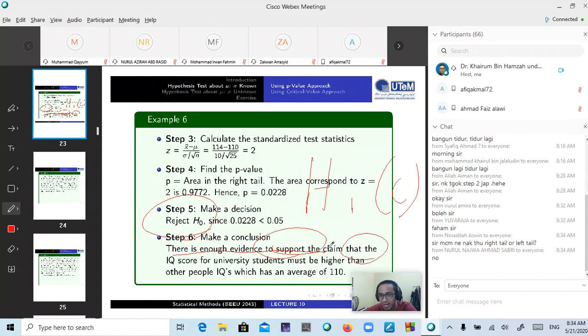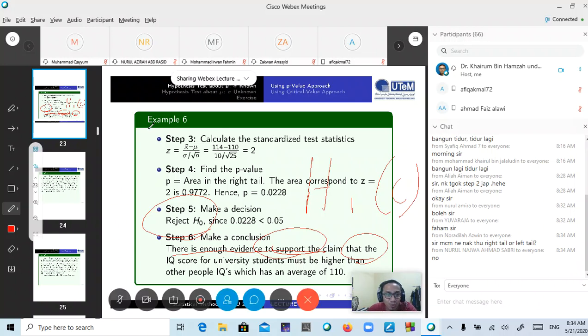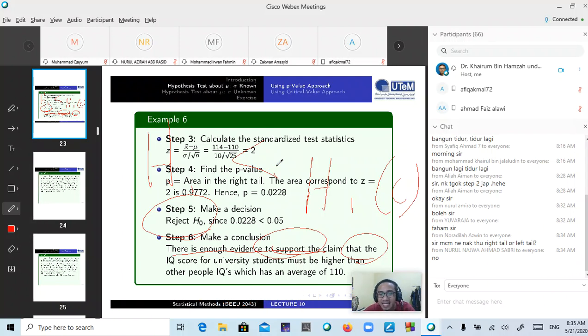Ayo, macam mana nak tahu right tail or left tail? Last week saya dah ajar. Tengok kepada H1. Ingat, tengok pada H1. If H1 less than, left tail. Kalau H1 is greater than, right tail. If your H1 not equal to, two tail.